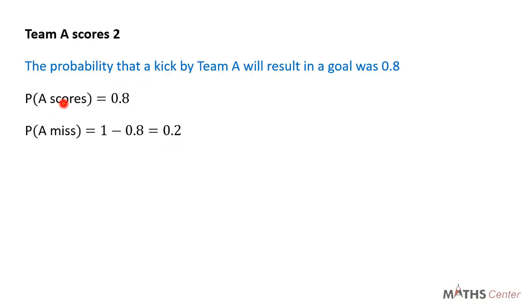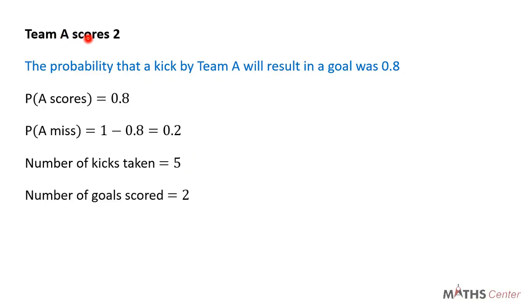So the probability that team A scores is 0.8, the probability that team A misses is 0.2. Each team takes 5 penalties, so the number of penalties taken by team A is 5. We want the probability that team A scores 2. So the number of goals scored by team A will be 2.